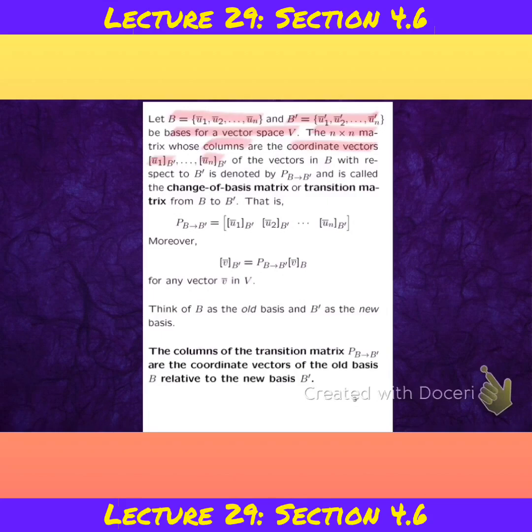The coordinate vectors of the basis B with respect to the basis B prime.